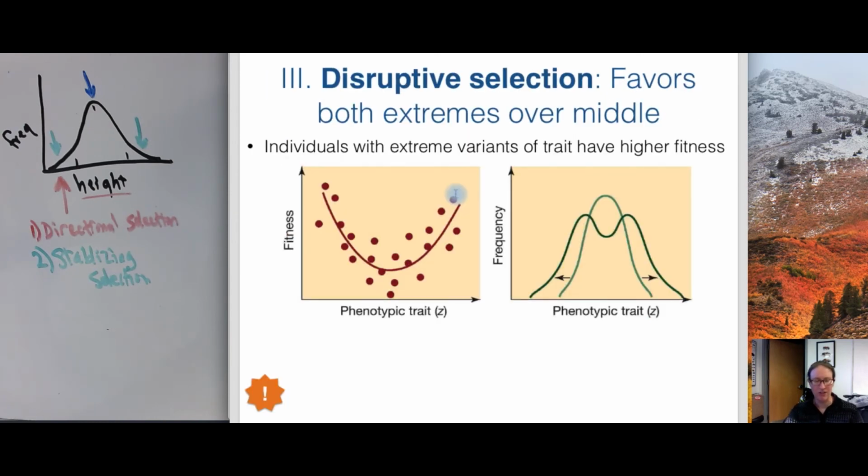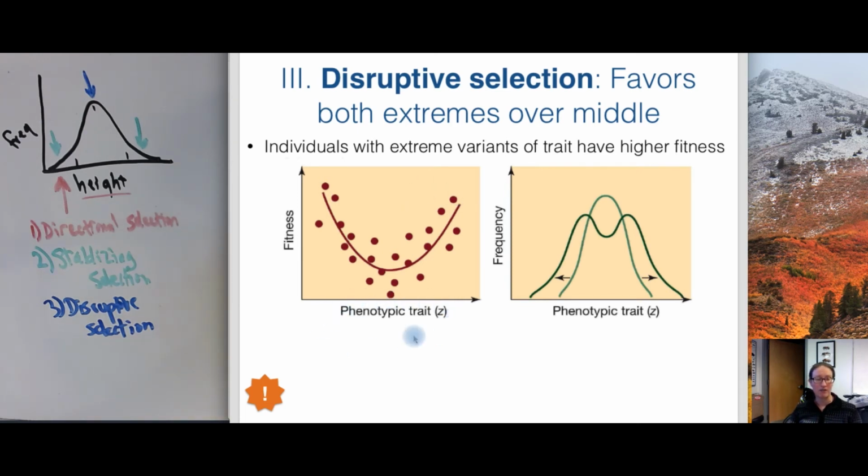Okay, so we run into the third case, which is disruptive selection. Illustrated by that blue arrow. So this is a case where individuals that have more extreme versions of a trait have higher fitness.